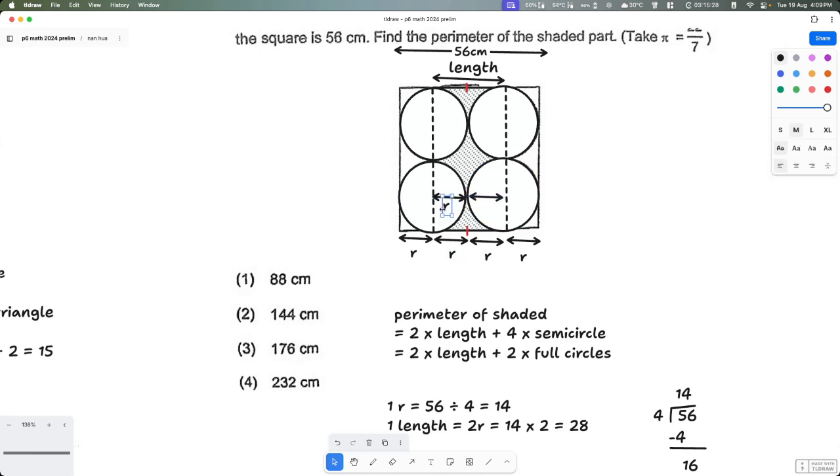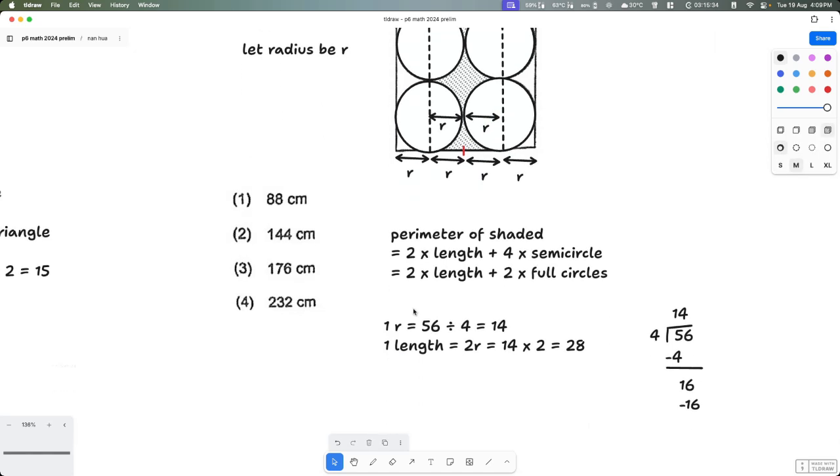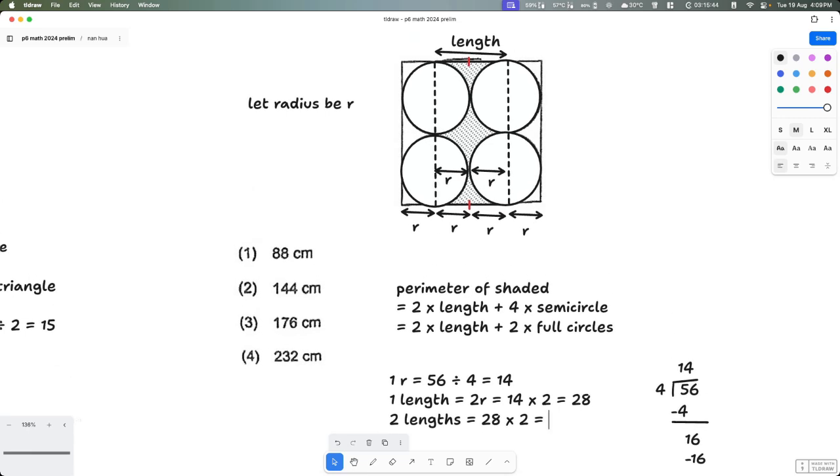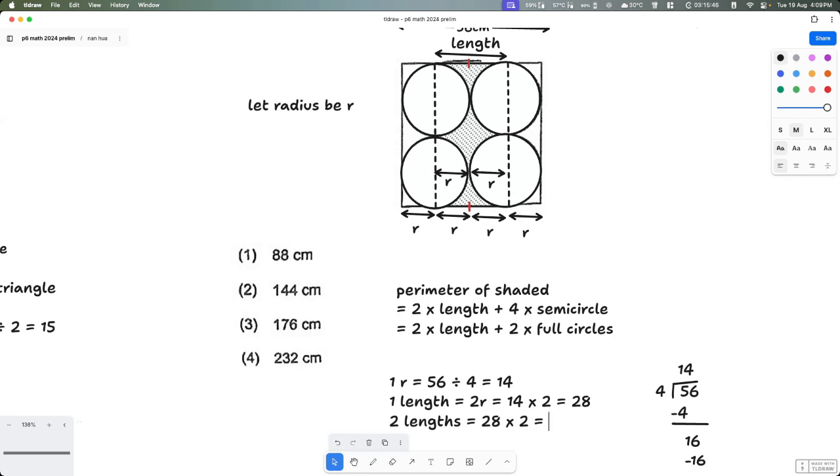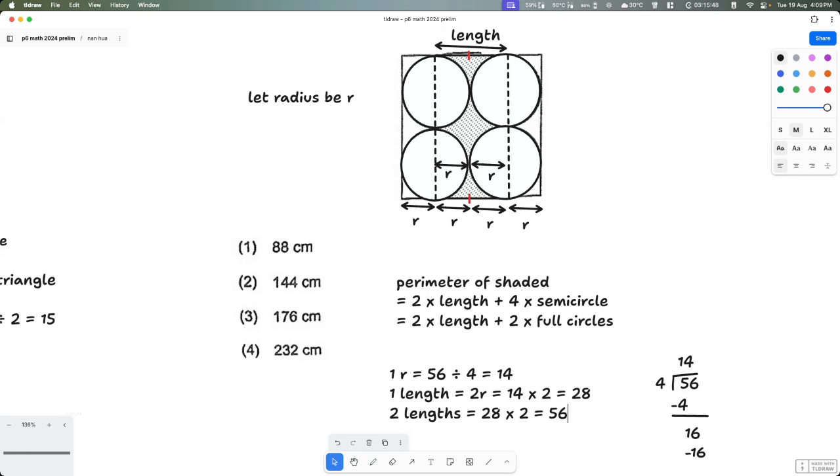So let radius be r. Now we know one length is 28, so two lengths is equal to 28 times 2, which is 56. It's exactly what we want.